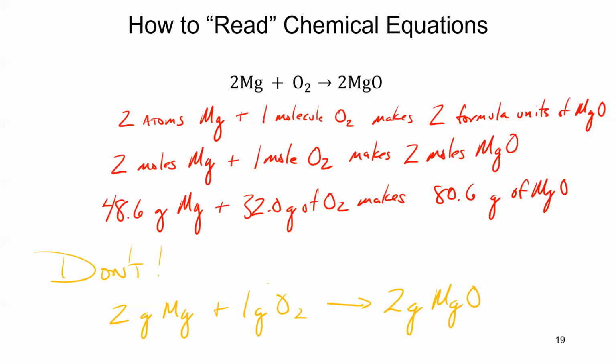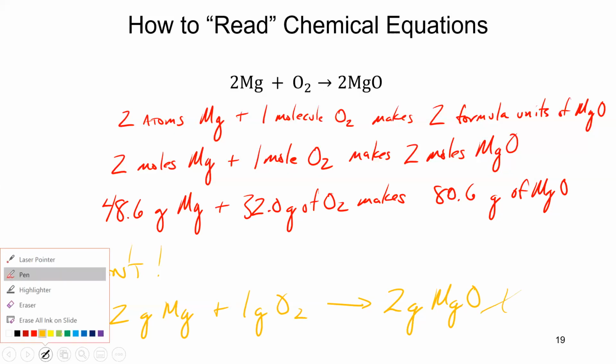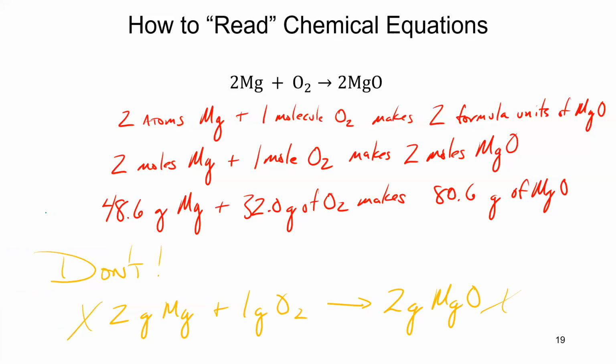I've got a total of 3 grams on the left and only 2 grams on the right. That extra gram disappeared or what? So we don't want to do it this way. We've got to think about these in terms of mole ratios rather than gram ratios. Even if we look at the line in terms of grams, 48 to 32, that's not a 2-to-1 ratio. So we need to not think about it in a gram ratio unless we're talking about molar masses.